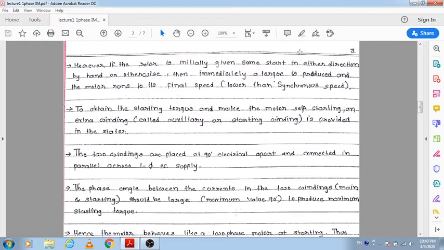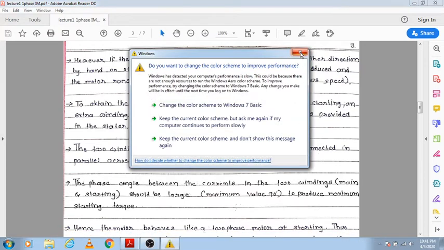To obtain the starting torque and make the motor self-starting, an extra winding is required for the single phase induction motor. Actually, in a single phase induction motor we have only a stator winding, but the stator winding is not enough to start the machine. That's why we need the auxiliary winding also for the rotation of the rotor.